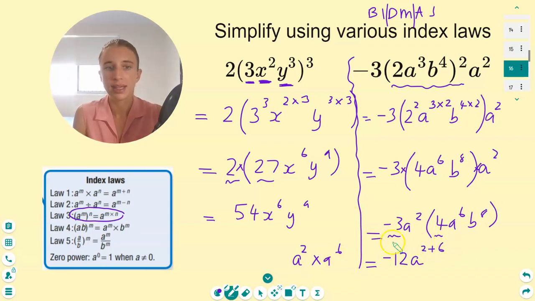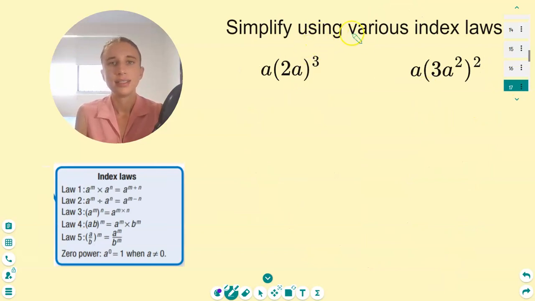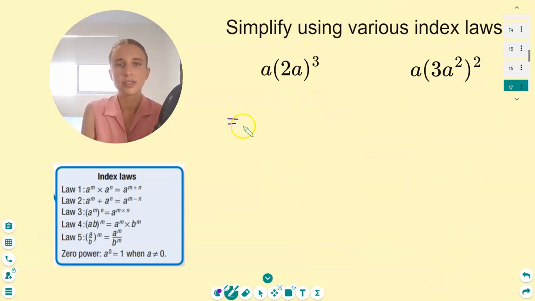It's a bit of a weird one that trips me up a lot, but just remember, if it's written outside of the pair of brackets, it's being multiplied. Okay, nearly done. -12, a to the 8, b to the 8. All right, let's keep practicing. Simplify using various index laws.